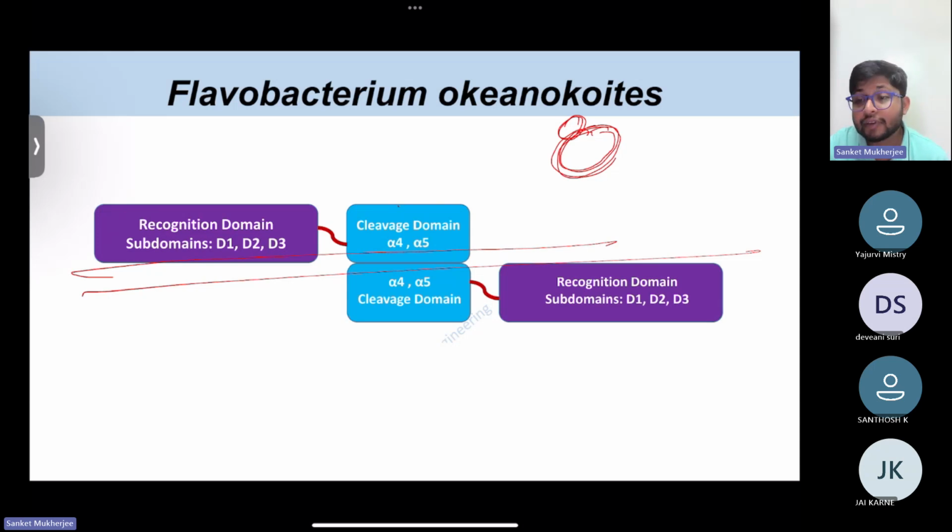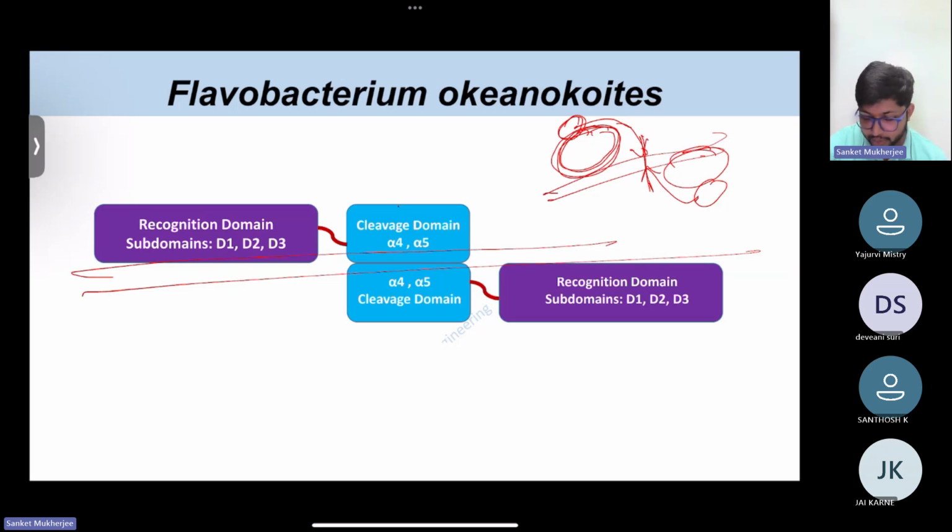It cannot cleave. However, whenever a dimer forms, that is when two FokIs come together, at that time this piggyback nuclease domain comes and sits on the DNA. This also sits on the DNA, and that is where they cause cleavage, basically breaks in the DNA.